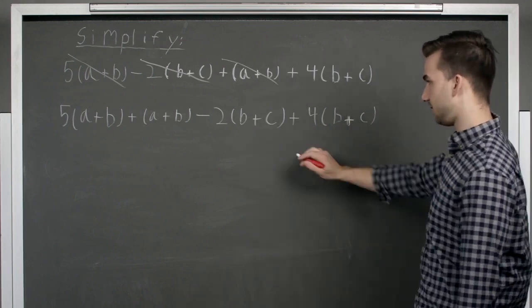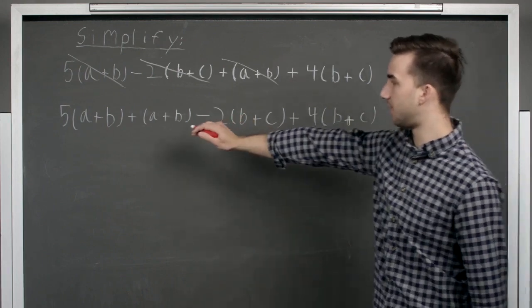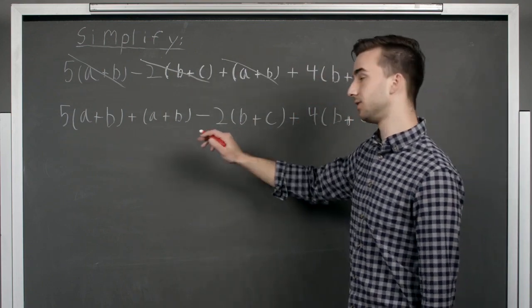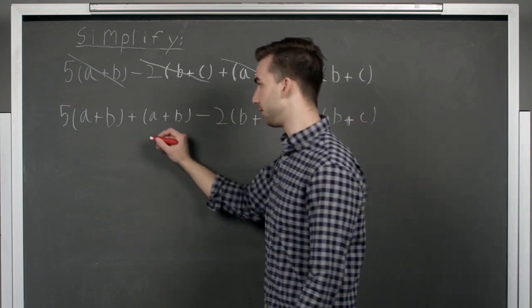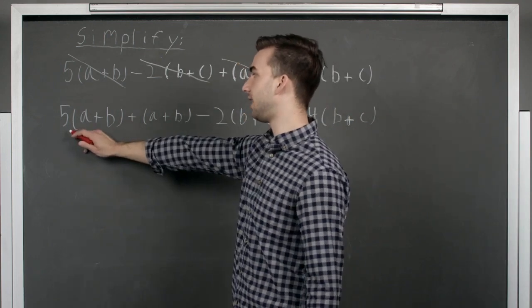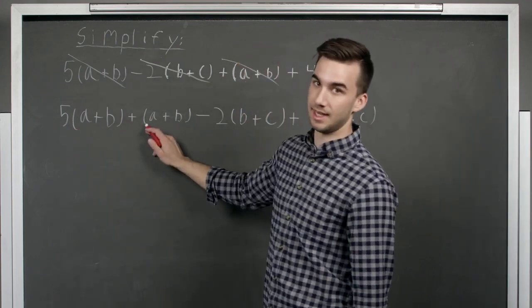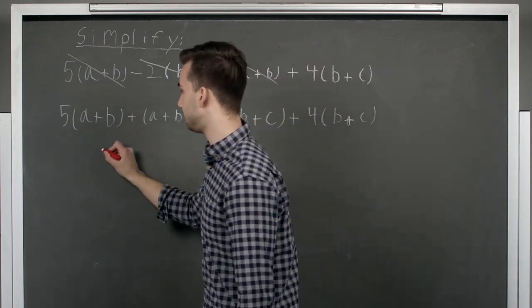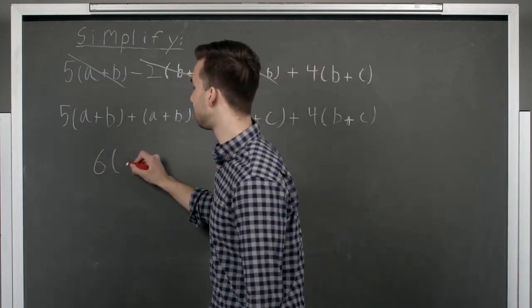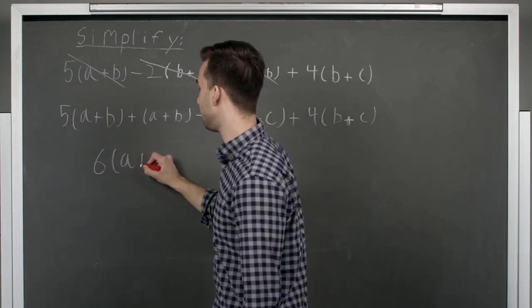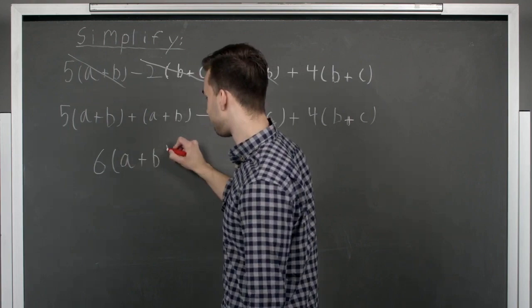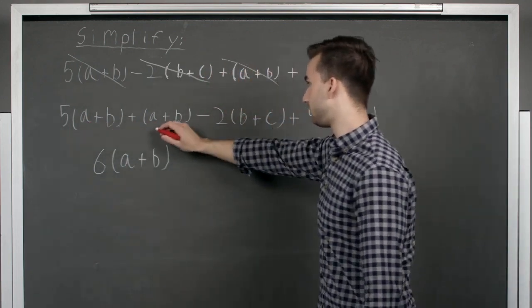So let's keep simplifying. 5(a + b) plus 1(a + b) is equal to 6(a + b), right? Because we added 5 of them, and then we added 1 of them. So 5 plus 1 is equal to 6. 6(a + b). That's combined.